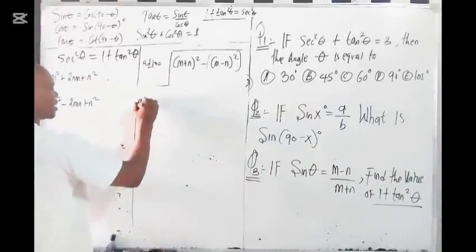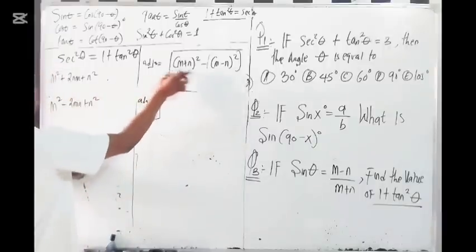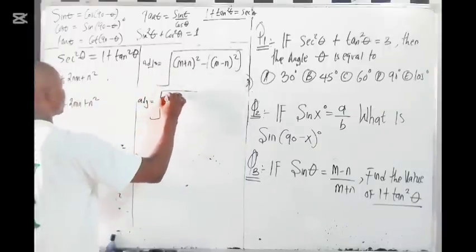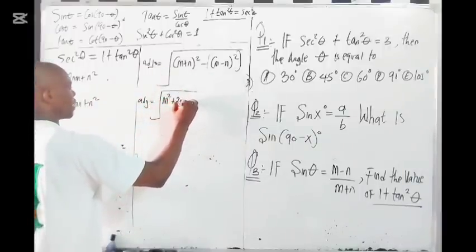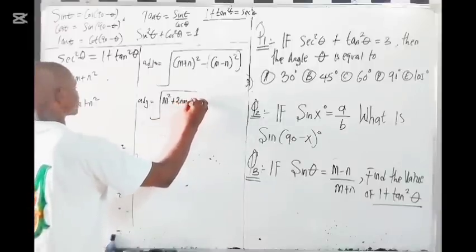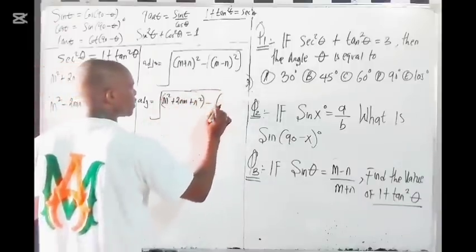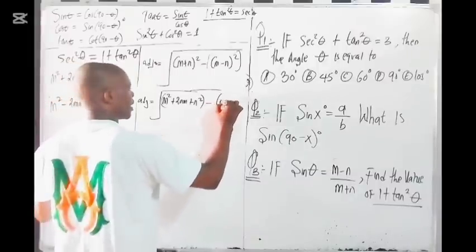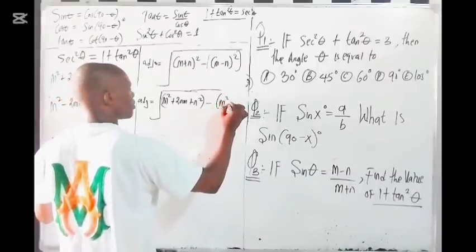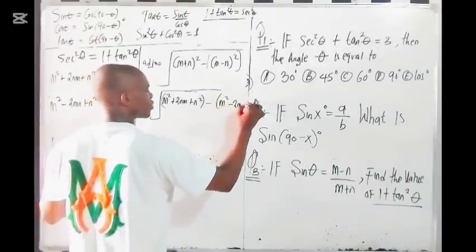So my adjacent equals the square root of the bracket m squared plus 2mn, or nm, plus n squared, minus the bracket m squared minus 2mn plus n squared.